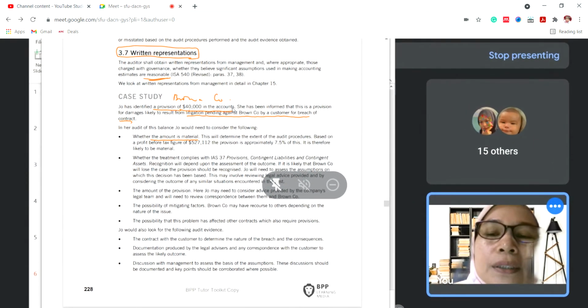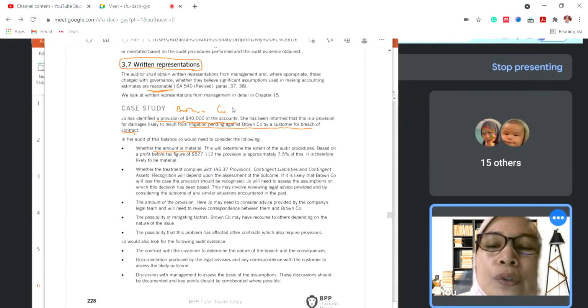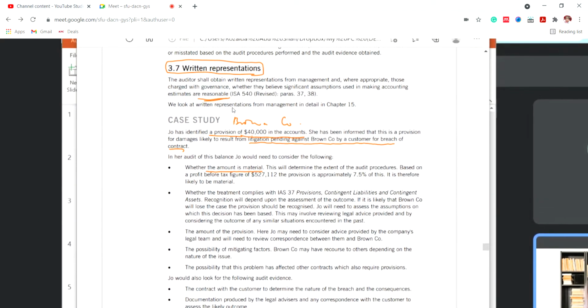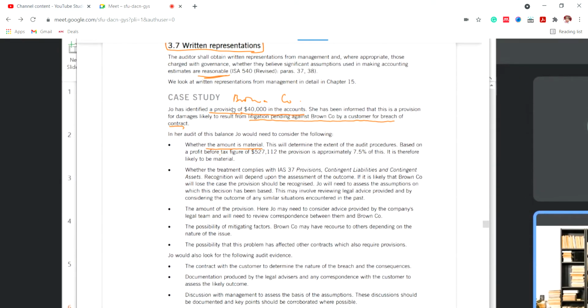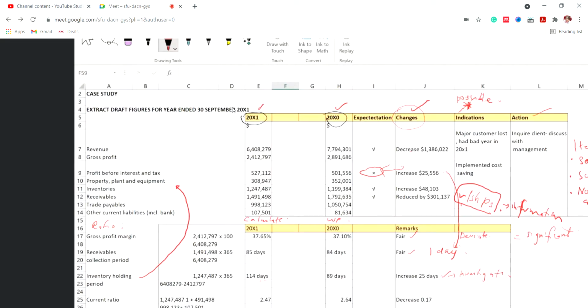This is the item which affects the financial statement. So when it involves the income statement, you have to compare with the profit before tax of the company. Remember this one: 527,112. When you compare with the profit before tax, what is the benchmark?